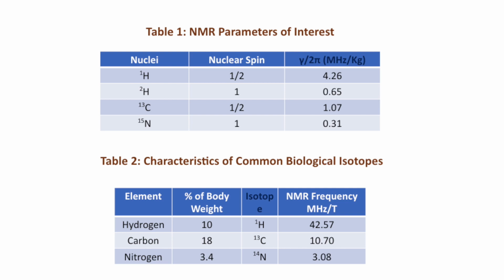Element carbon has 18% of body weight, isotope is 13C and has NMR frequency in megahertz per Tesla equal to 10.70. Element nitrogen has 3.4% of body weight, isotope is 14N and has NMR frequency in megahertz per Tesla equal to 3.08.